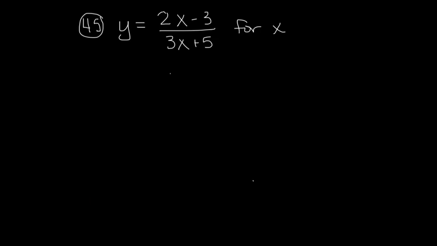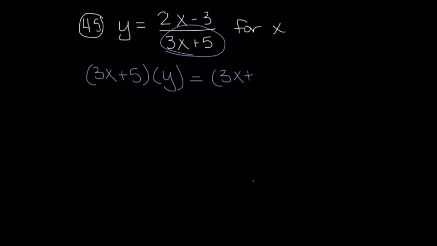Same thing here. Just follow your steps, follow the procedure. Start off by clearing the fraction, which has a denominator of 3x plus 5. So I'll multiply both sides by that denominator. That gives me 3x plus 5 times y equals 3x plus 5 times 2x minus 3 over 3x plus 5.